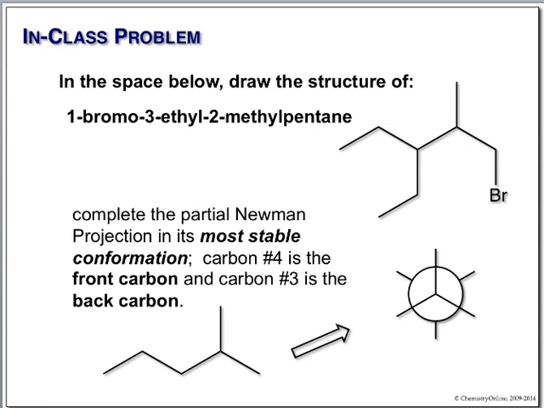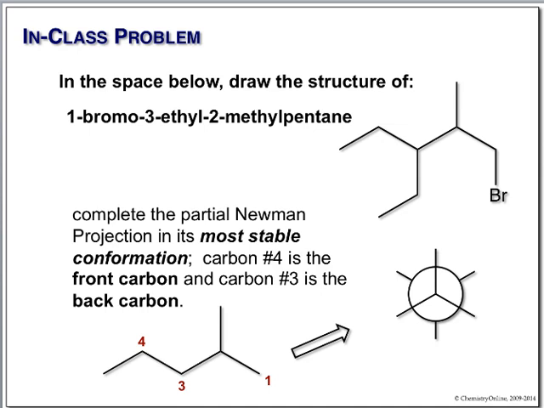So step 1, we have to look at our simple alkane, and we have to number it. Well, that's not difficult. We're going to let carbon 1 be out here. Carbon 2 has the methyl group, and this is 3 and 4.